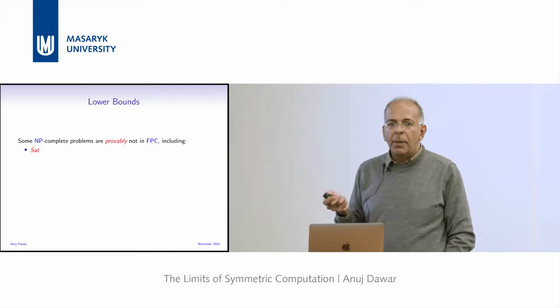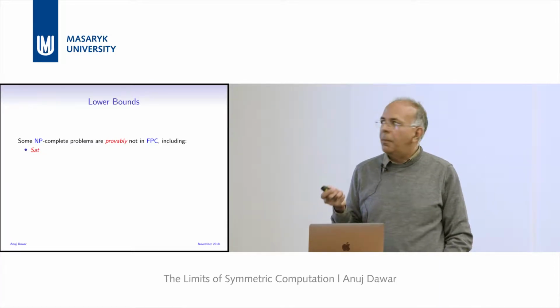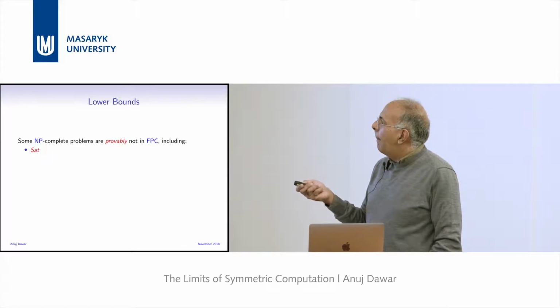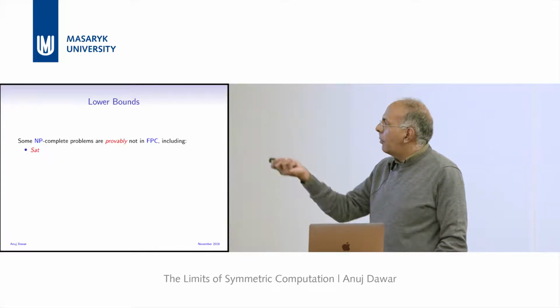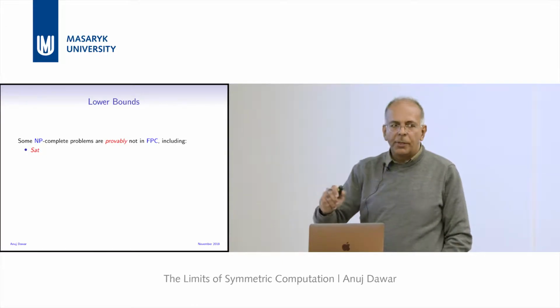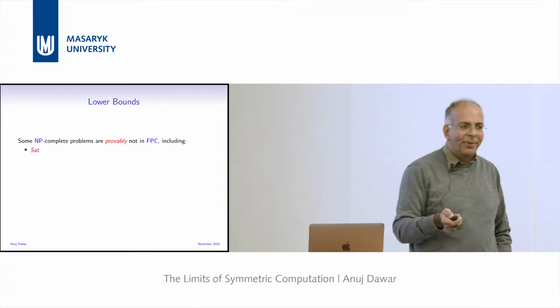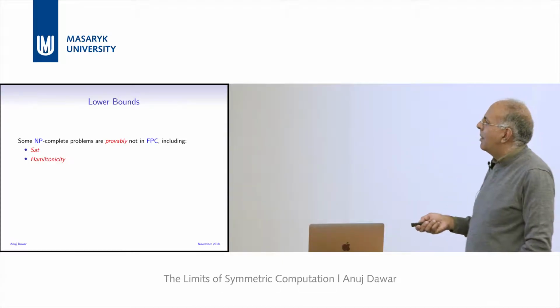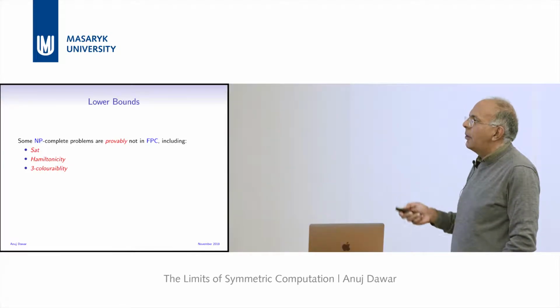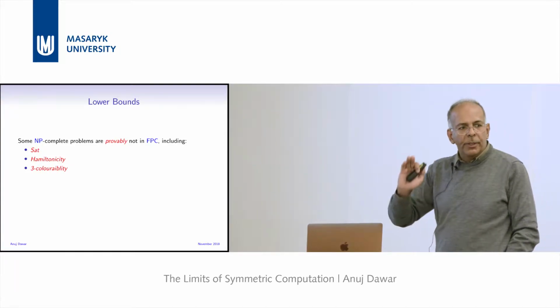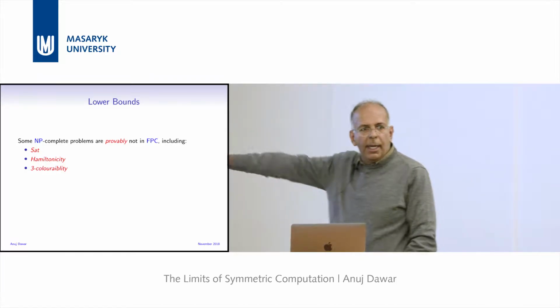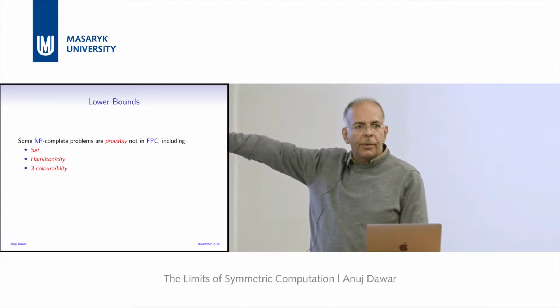Among them, satisfiability of Boolean formulas, the classic NP-complete problem. And I should have, because that was my first example, said also solving systems of linear equations over the natural numbers. Hamiltonian cycle, three-colorability, for all of these, we have proofs that they are simply not in FPC, categorical proofs, right?